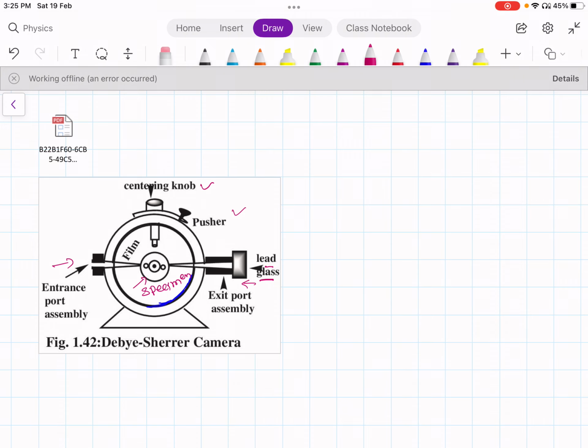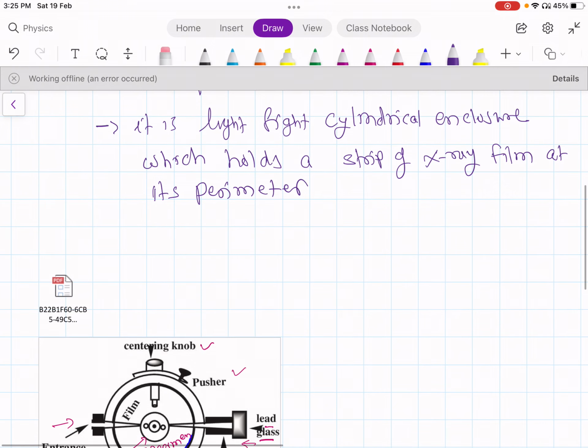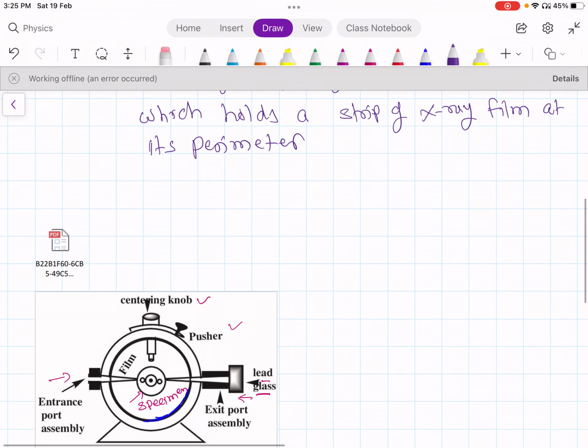So let's write what this camera consists of. As I said, this camera consists of a light-tight cylindrical enclosure, and on its perimeter, X-ray film is fixed. Then we have to prepare the sample, that is the specimen.